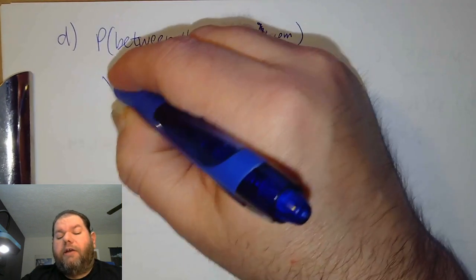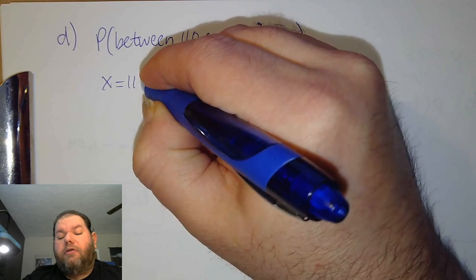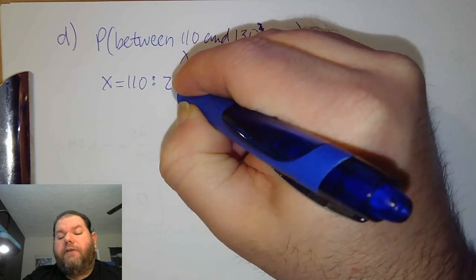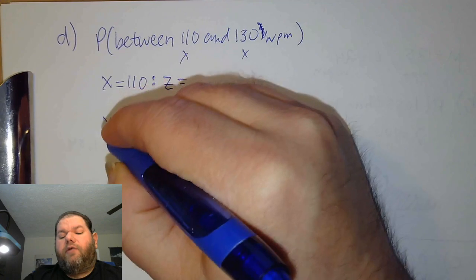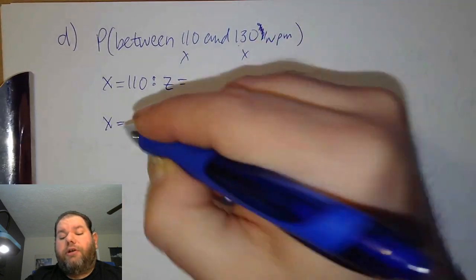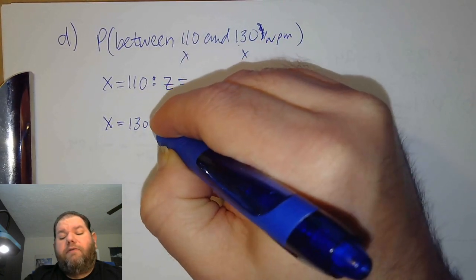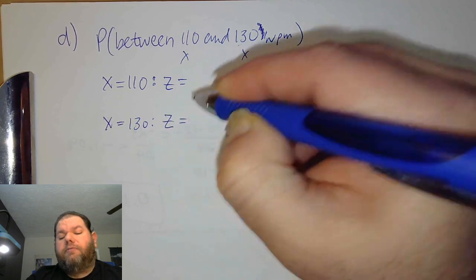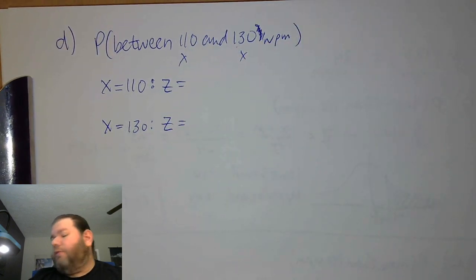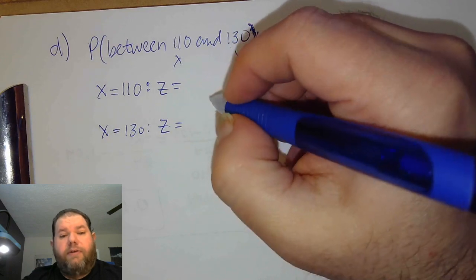So for x equals 110, we have to calculate z, and for x equals 130, we have to calculate z for that one as well. So we'll need to calculate z for each of these numbers.